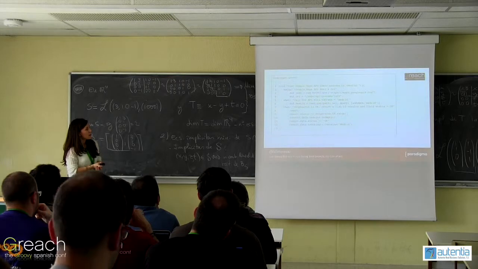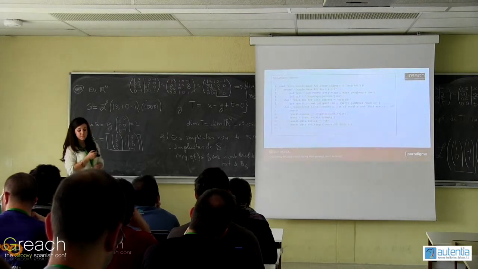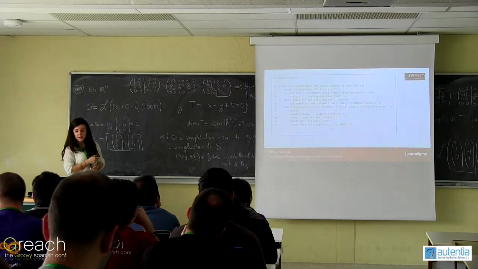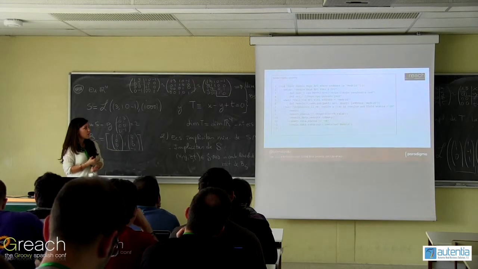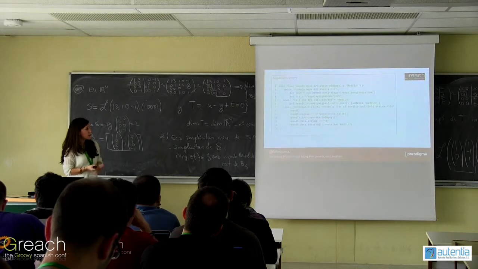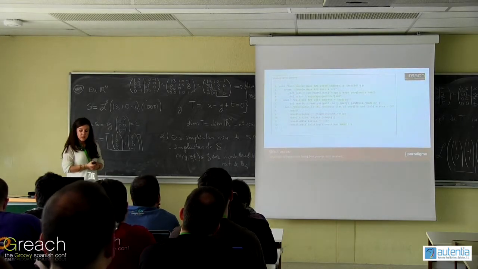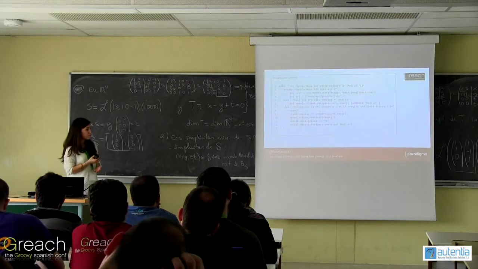Here we have a simple Groovy and Spock test. With Spock, we can define tests with descriptive signatures, and in this case, we have 3 blocks. The first block, setup or given. In this block, we can set up initial variables, for example.